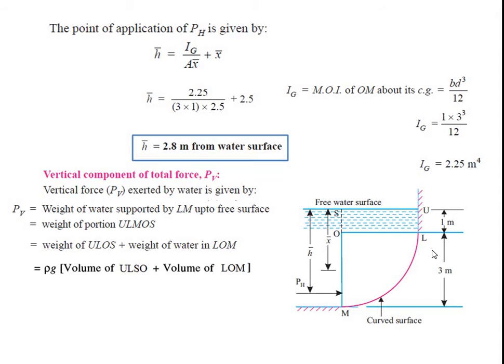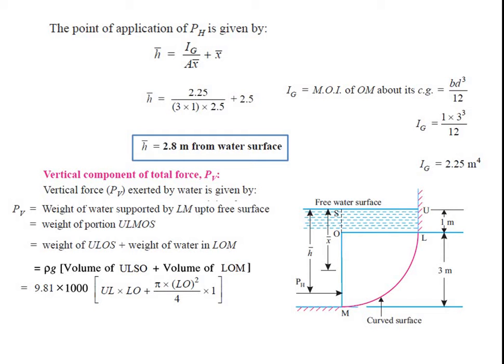So it is nothing but rho into g, that is density into gravity into volume of this square ULOS plus volume of LMO. So the volume of ULOS is nothing but UL into LO, because we are going to consider the immersion width, depth equal to 1 meter.